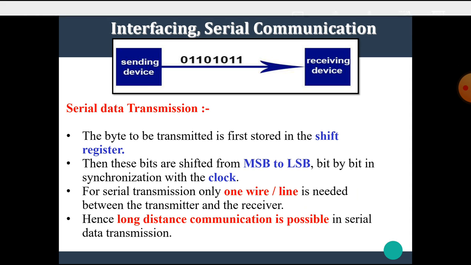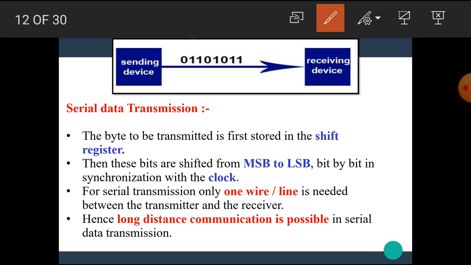The byte to be transmitted is first stored in the shift register. Then these bits are shifted out bit by bit in synchronization with the clock. For serial data transmission, only one wire or line is needed between the transmitter and the receiver. Here only one wire is used.